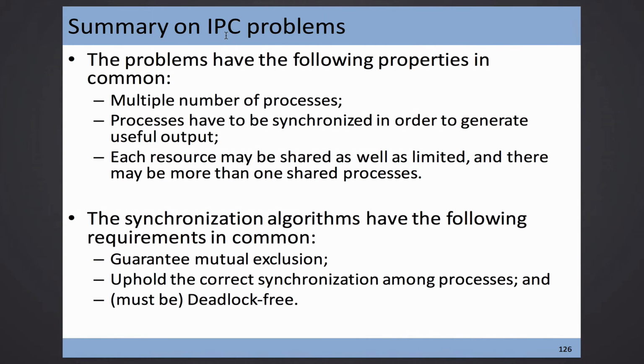Some may depend on some condition. Let's say the reader-writer problem, they obey different conditions. Dining philosophers all follow the same conditions, the same protocol. So the most important of all is to guarantee mutual exclusion, uphold the synchronization requirement, as well as be deadlock free.